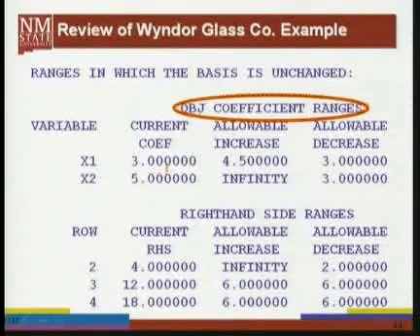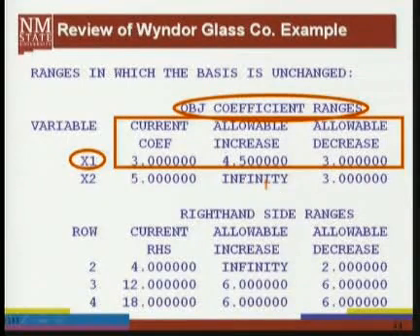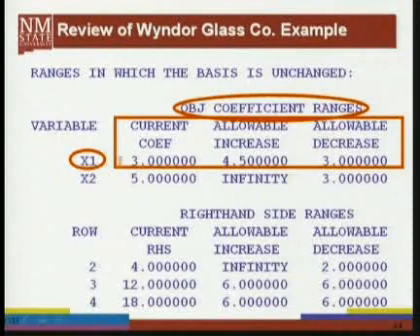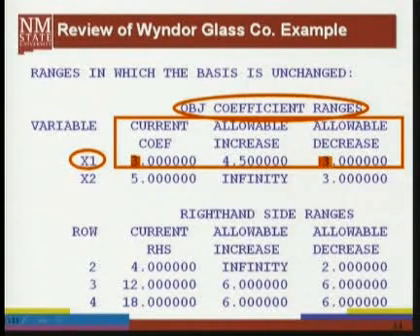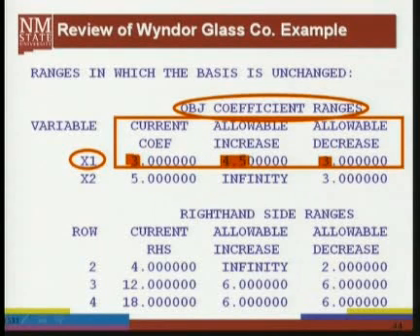And we have learned from the Lindo output that the allowable ranges to stay optimal for C1 can be obtained from this, right? 3 minus 3, that is the lower limit, and 3 plus 4.5, that is the upper limit, right?